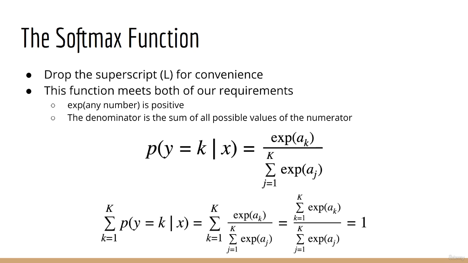The exponential of any number is always positive, so therefore, each probability must be non-negative. Second, because the denominator is just the sum of all the possible values of the numerator, then if we sum all the possible values of the numerator, we just get the same sum. And therefore, we get the same sum on the top and the bottom, and they cancel out to give us 1.